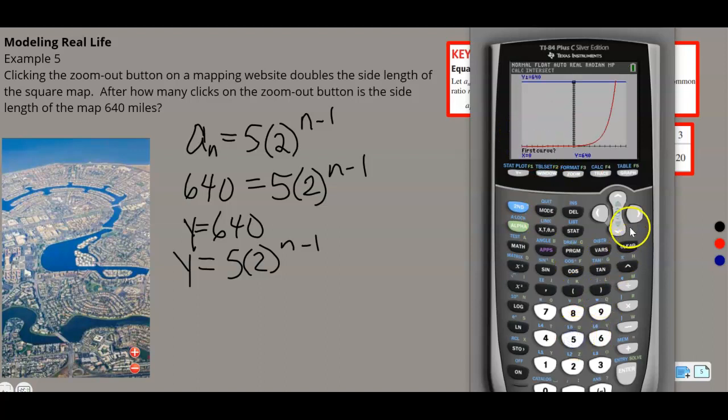We're going to do 5. So you see it blinking right here. Let's get over a little closer. We want to get somewhere close to the intersection point here, and I'm going to hit enter. And then it says second curve, so we have to go somewhere to the left of it or the other side of the intersection point.